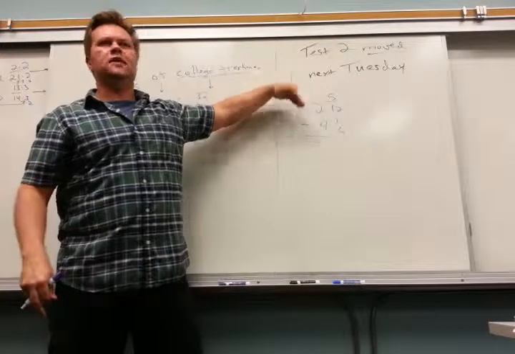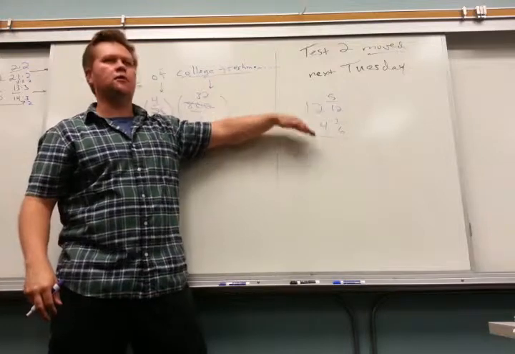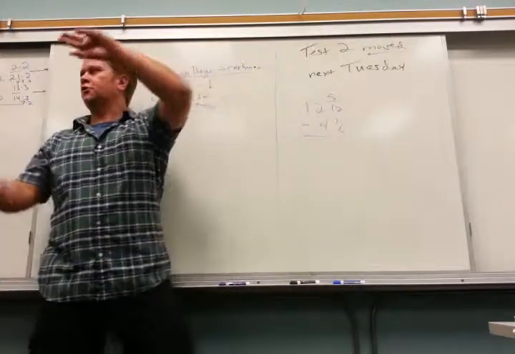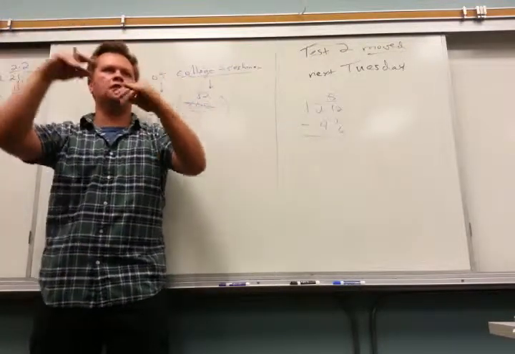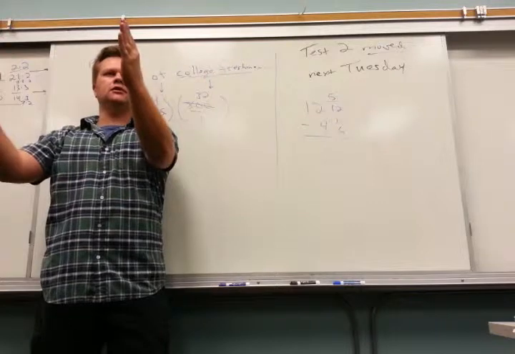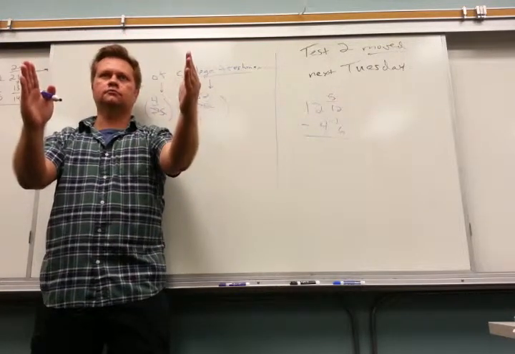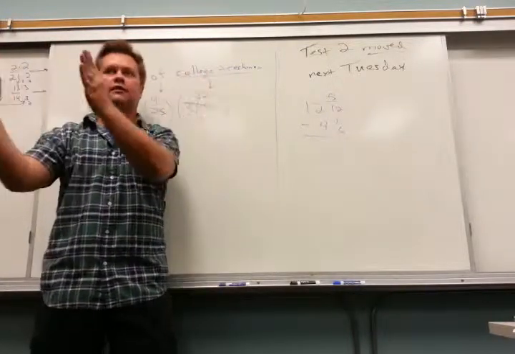If I had to estimate what this was, let me see if you guys are cool with this. Estimation's kind of freaky because when you multiply, if one goes up, the other one's got to go down. Well, what's 8 minus 2? What's 7 minus 1? 6. So if I change one, I probably want to make the other one change the same direction so that they stay the same distance apart.